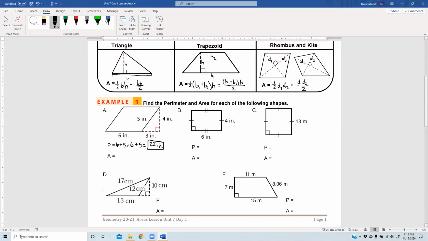Area is base times height. Now the base is what's along the solid here. Don't do the dotted, just the solid. The height is the part that goes straight up and down. So this time we will need a dotted measure. I need the height. That's what goes straight up, straight down. Well, let's write our formula first so we know what to plug in.